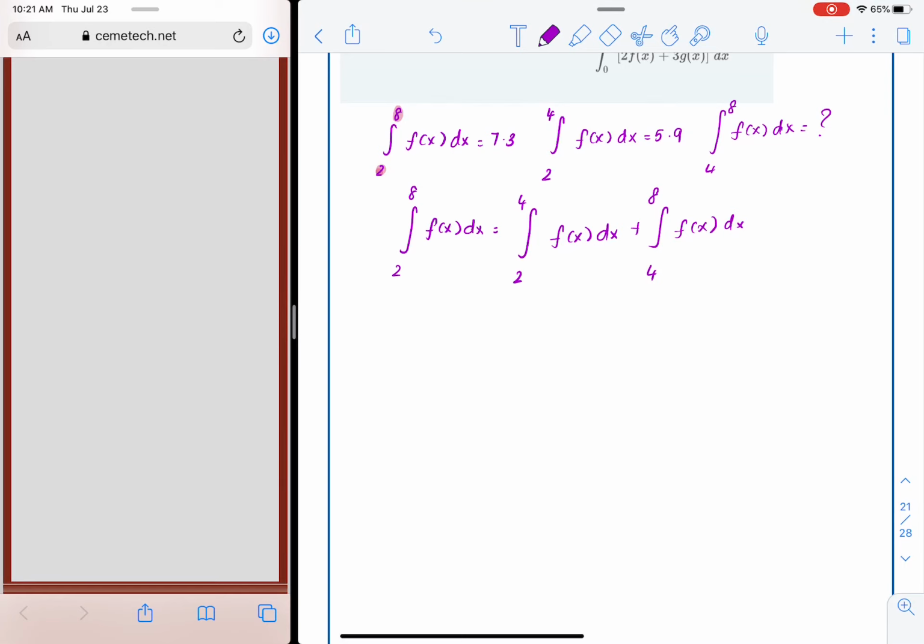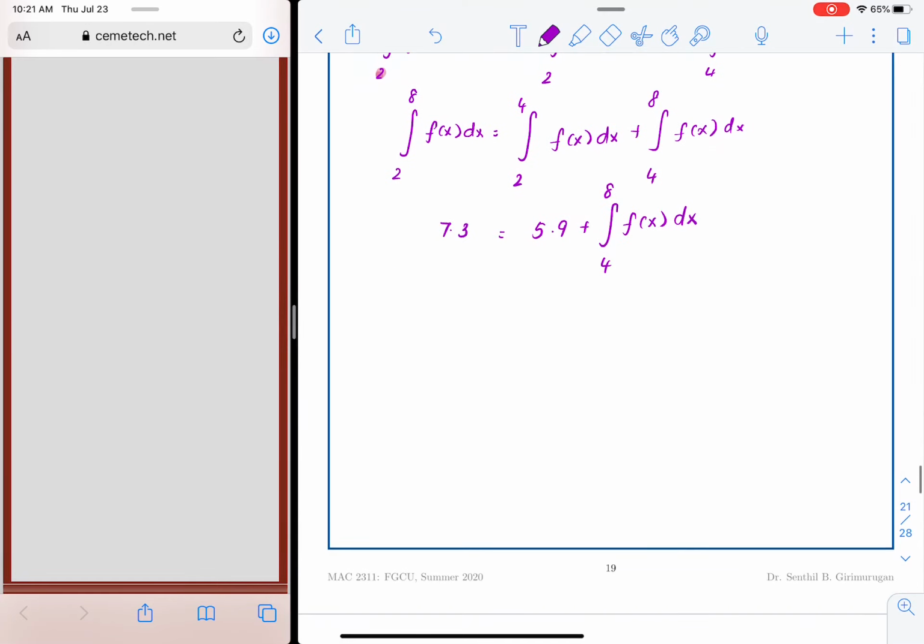I'm doing 2 to 4 and 4 to 8 because that's what's given in the problem, and we're trying to find one of the integrals. So 7.3 would equal 5.9 plus the integral from 4 to 8 of f(x) dx, which would imply the integral from 4 to 8 of f(x) dx equals 7.3 minus 5.9, which would give us 1.4.